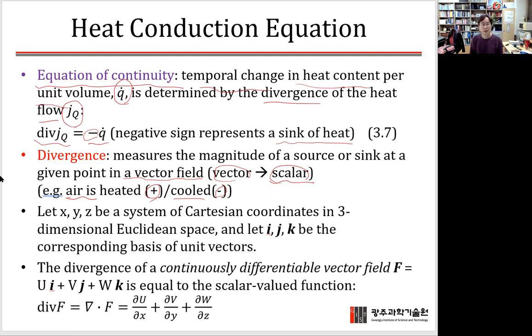So when we are saying x, y, and z as the Cartesian coordinate system for the three-dimensional Euclidean space, and also i, j, and k as unit vectors for each x, y, z, then the divergence of the continuously differentiable vector field F, which is u i plus v j plus w k, is basically equal to the scalar value function.